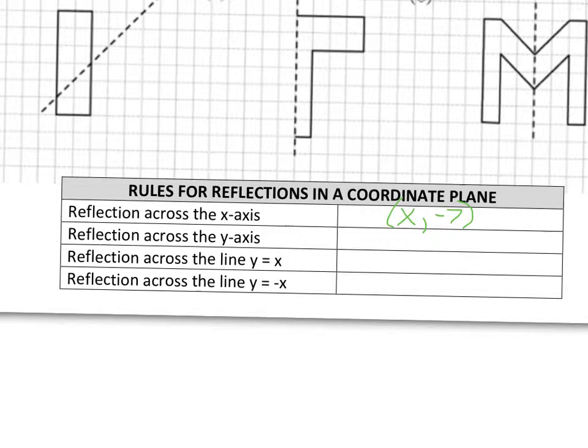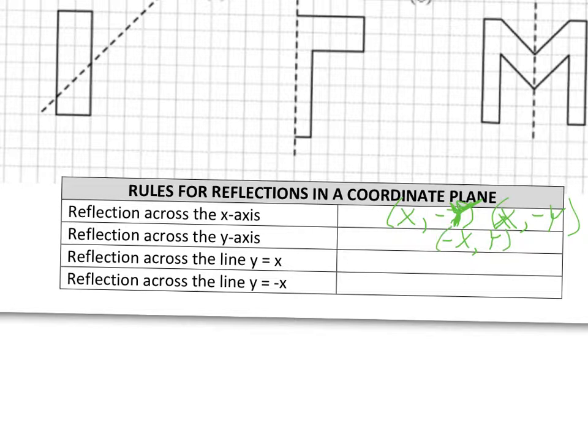Sorry about that, I meant to write -y. Let me rewrite that. x, -y. Okay, when we reflect across the y-axis, well, my x now is negative and we keep the y. So that's when we reflect across the y-axis.